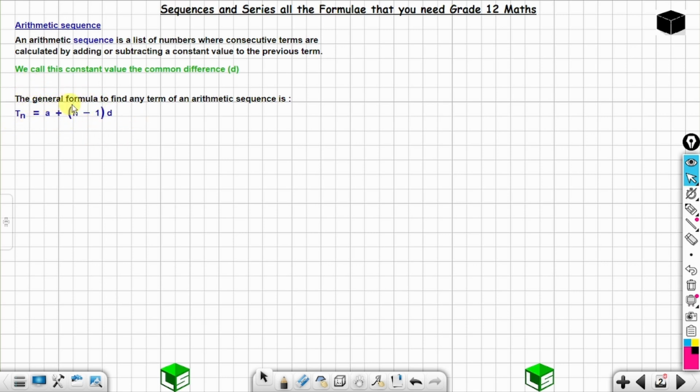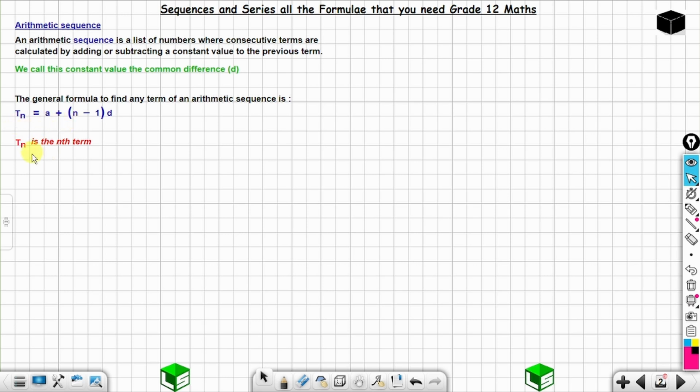Tn is the nth term. Tn represents any term of an arithmetic sequence. It can be T1, T2, T3, T4, any term is represented by Tn.